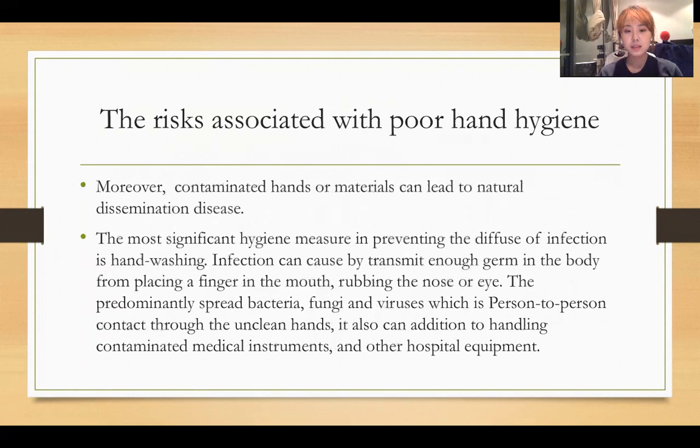Moreover, contaminated hands or materials can lead to the spread of disease. The most significant hygiene measure in preventing the spread of infection is hand washing. Infection can be caused by transmitting enough germs into the body from placing a finger in the mouth or rubbing the nose or eyes.